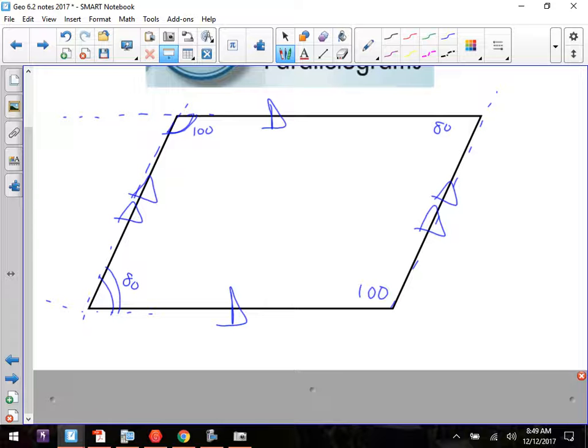Not alternate interior, because there's no transversals there, but are they equal? Angles opposite each other are always going to be equal, and consecutive angles are supplementary, they add to 180. I'll make another list on the smartboard here too. So we have opposite angles are congruent.